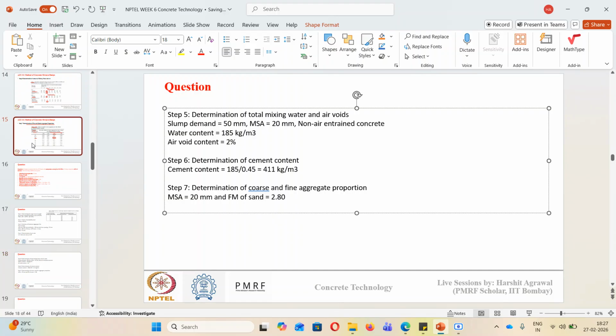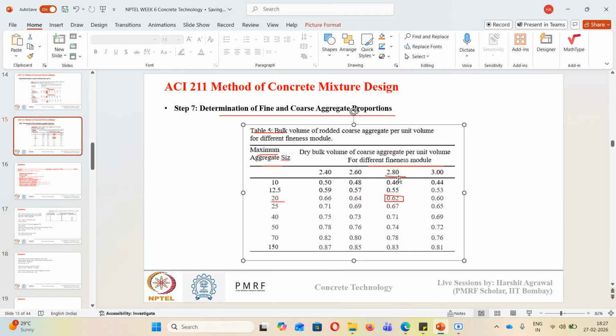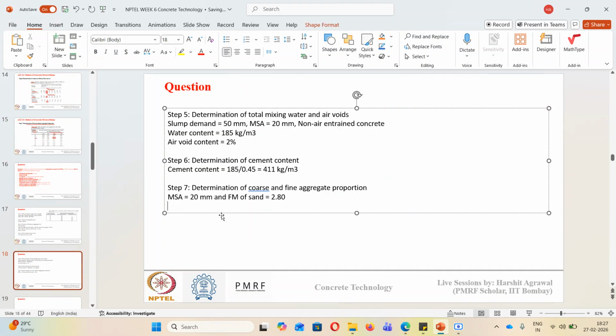Based on the table, for 2.80 and 20 mm, the coarse aggregate fraction is 0.62 of total volume, and the fine aggregate fraction is 0.38.